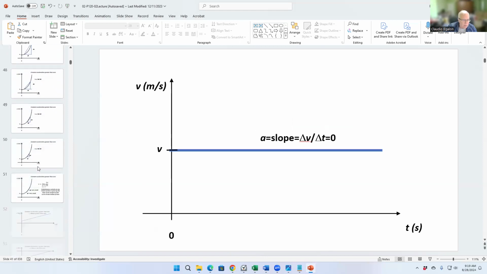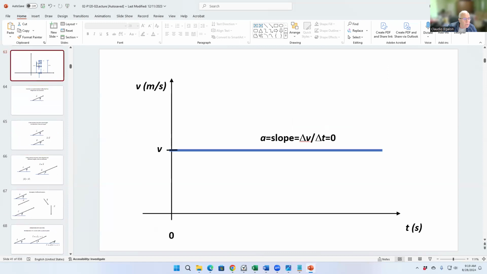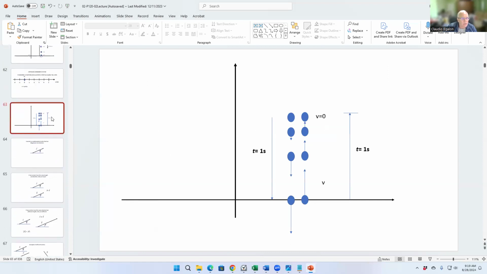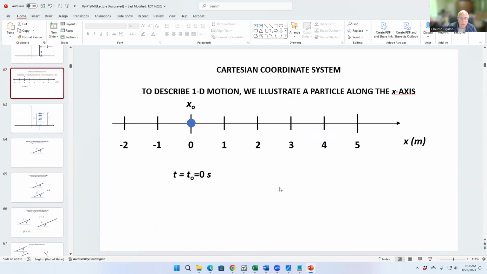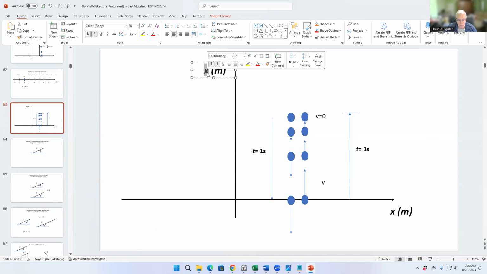Here is my x and y axis. I'm going to copy it and place it here, and here I'm going to put it as y.